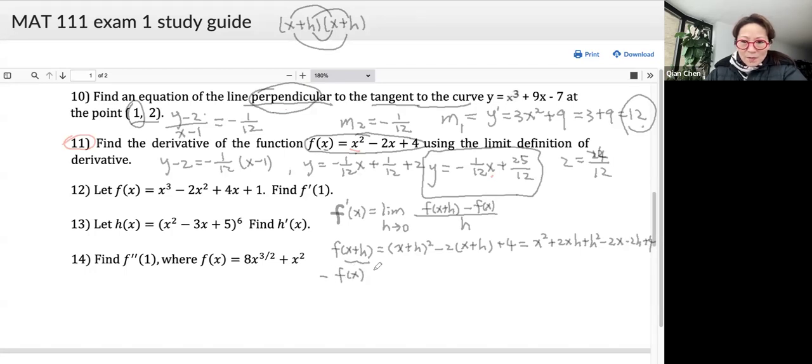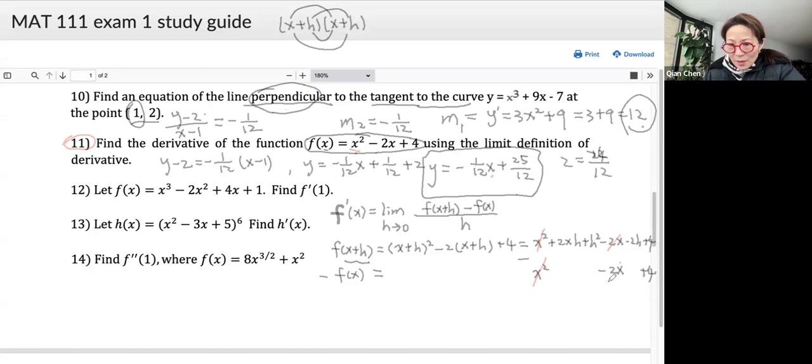So I minus f of x. What is f of x? f of x is x squared, so remember minus, then minus 2x, then plus 4. You see these three terms just canceled, right? x squared minus x squared becomes 0.